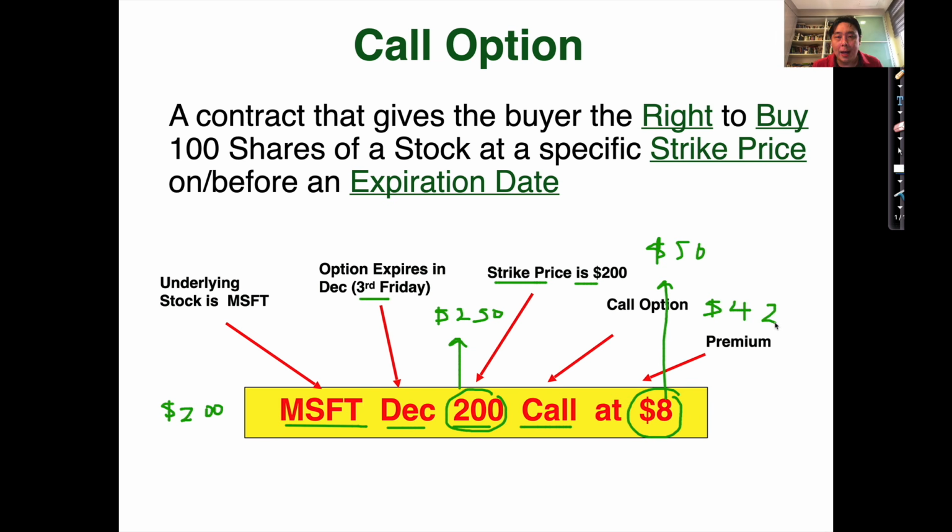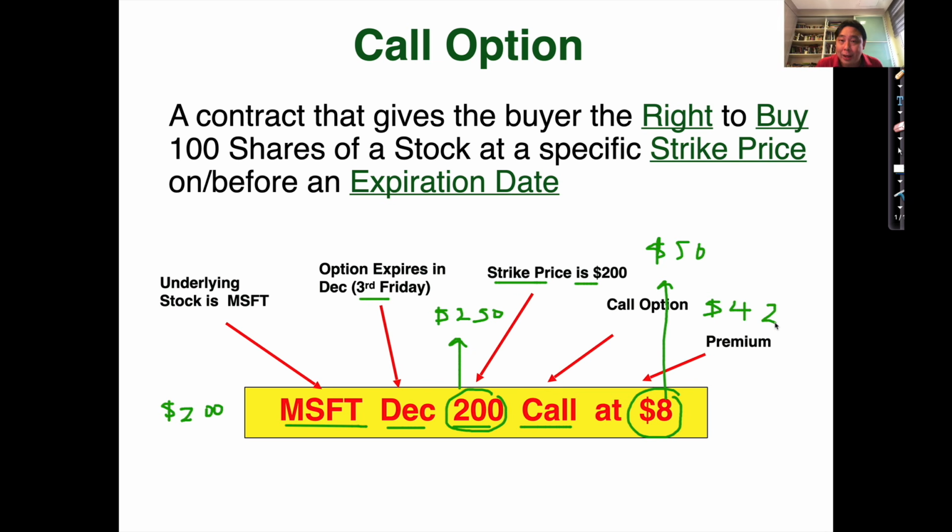So you can see that in reality, as option traders, we don't actually exercise the option and buy the 100 shares. Let me repeat that. In reality, the majority of people who trade options don't want to own the shares. They don't want to actually buy the shares. Why? Because if they actually buy the 100 shares, it's going to cost a lot of money.